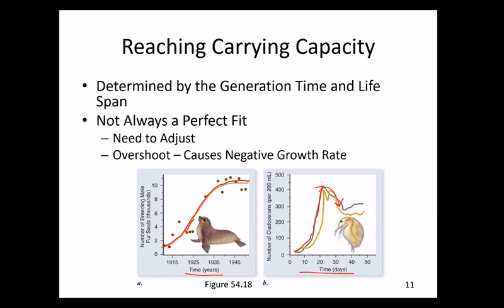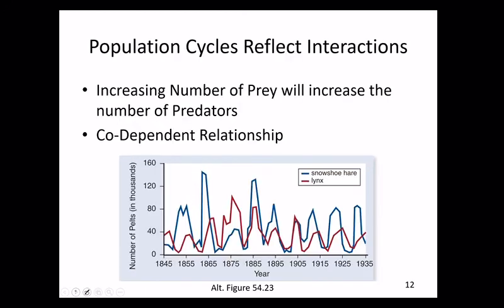And that's going to then cause this negative growth to sort of level out over time. And you can see here we've reached a carrying capacity somewhere about, let's say, 275 to 300 in this particular geographic area.